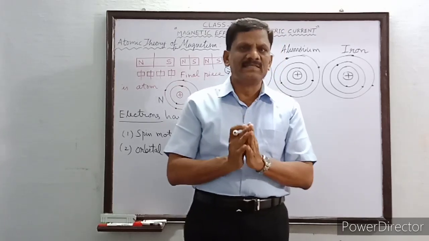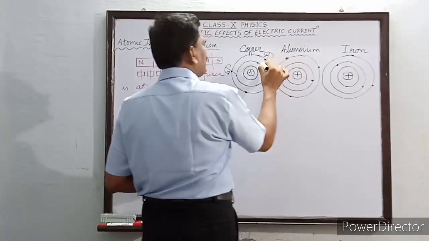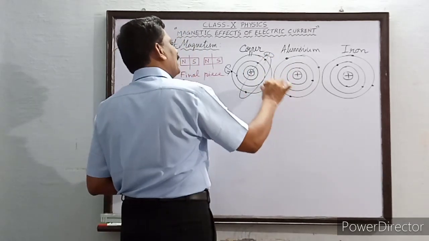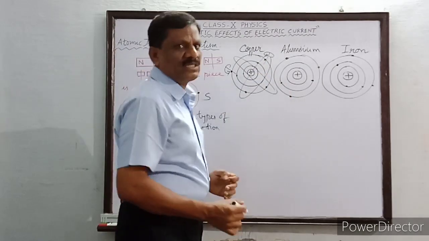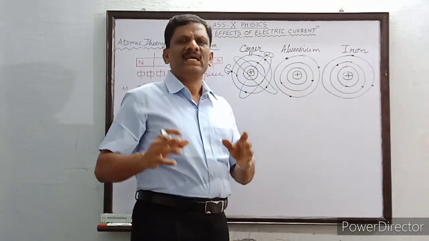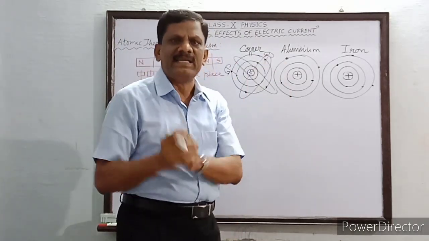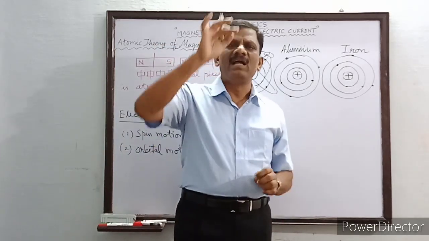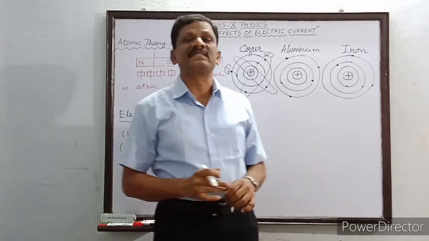That means one electron may orbit in this plane, while the other electron may orbit in some other plane. So when you add the magnetism produced by the different electrons, the net magnetism will be equal to 0. Each electron will 100% possess magnetism.